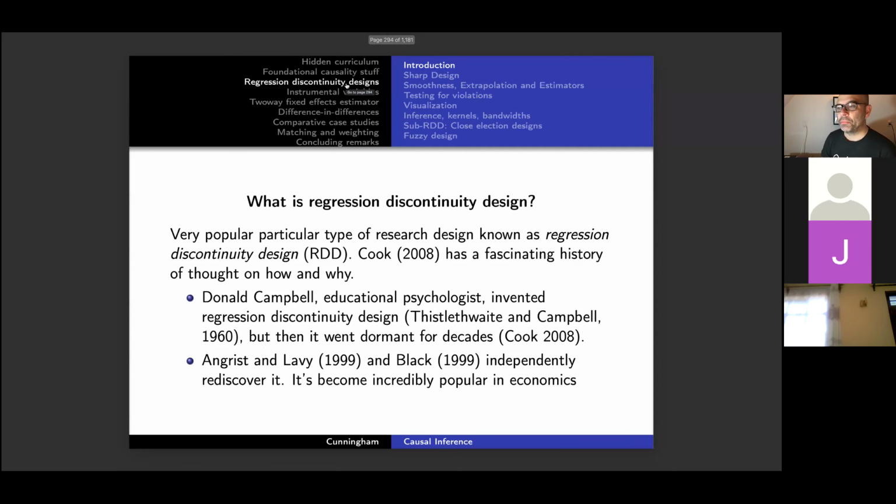So let's talk a little bit about regression discontinuity. Regression discontinuity is a very popular type of research design. It was started in the 60s by a psychologist named Donald Campbell.